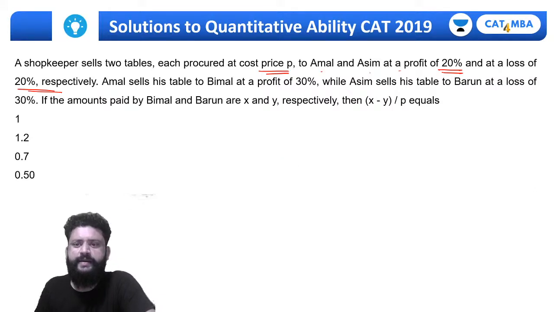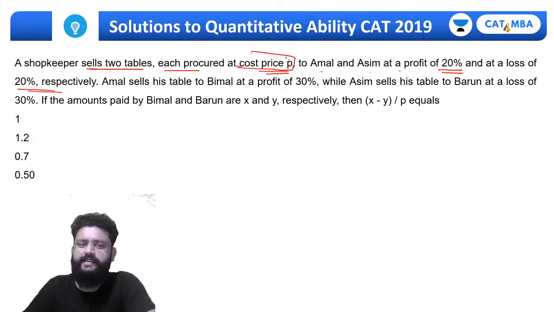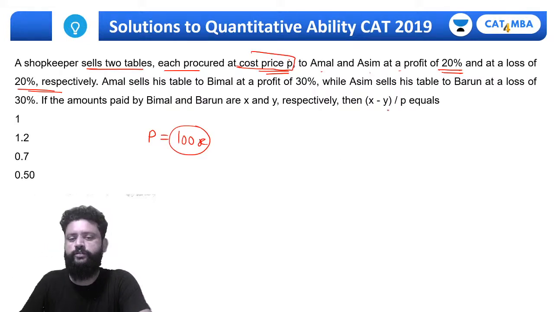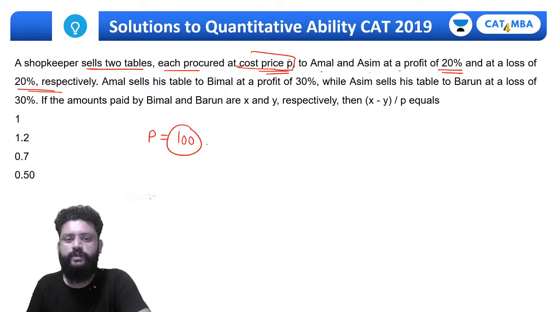If percentage is applicable on all this, it will be applicable on 100 also. The cost price of both is the same, P. So I will take P as 100x instead of P, or as 100, that's it. If it is true for P, then that must be true for 100 as well, because there is no actual value. All these values are in percentage.